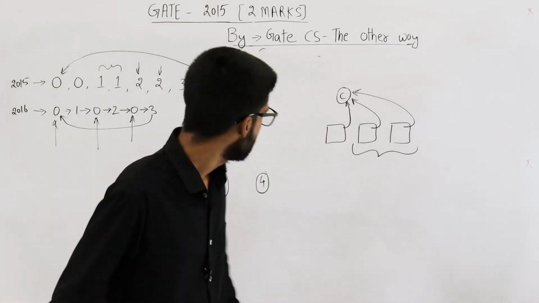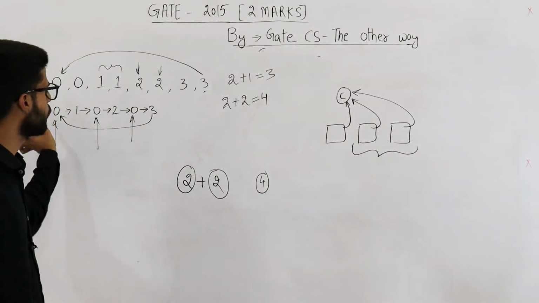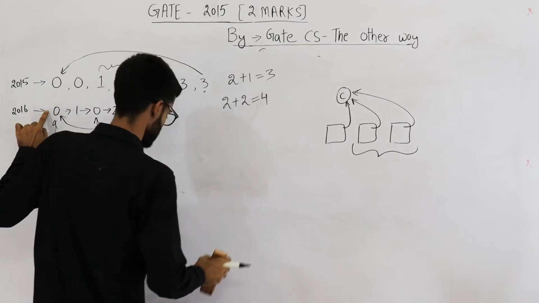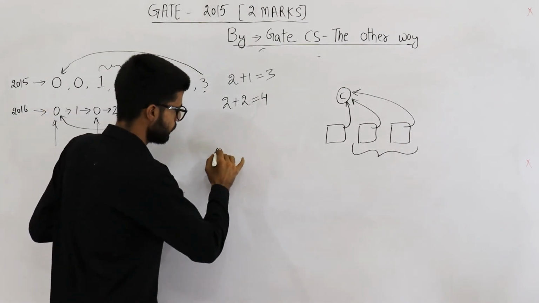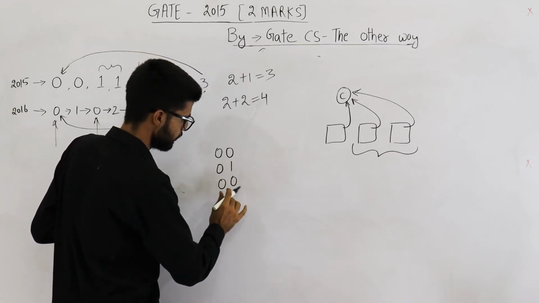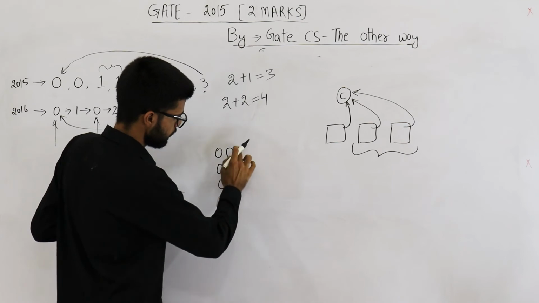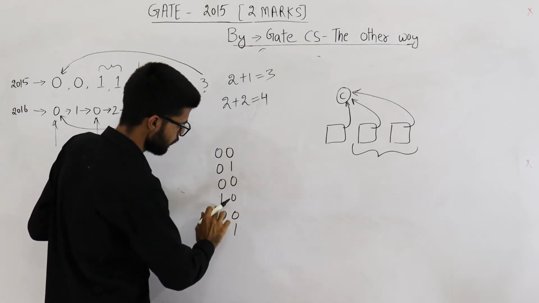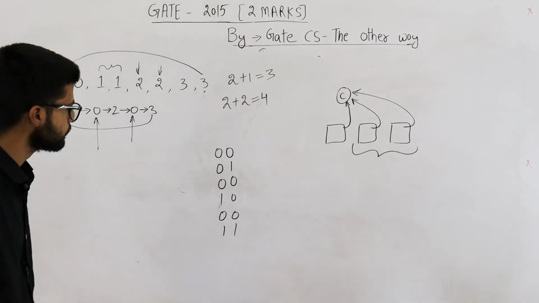Now let's go into a bit more detail. Current value is 0. Let's start from here. First state is 0. After this we want to go to 1, then again 0, then 2, then 0, 3. So we want to design such a counter.